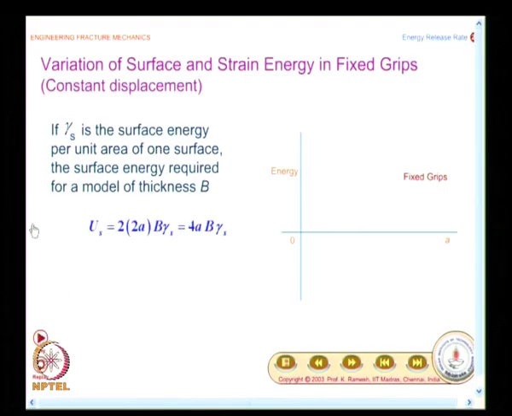So, this is what I have here. What is the variation of surface and strain energy in fixed grips? You should not forget this, we are really looking at fixed grips. Fixed grips means constant displacement, and we have gamma_s as the surface energy per unit area of one surface.